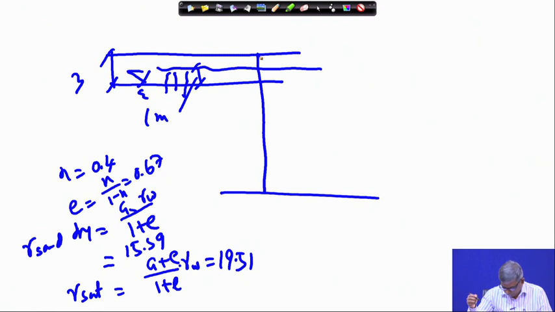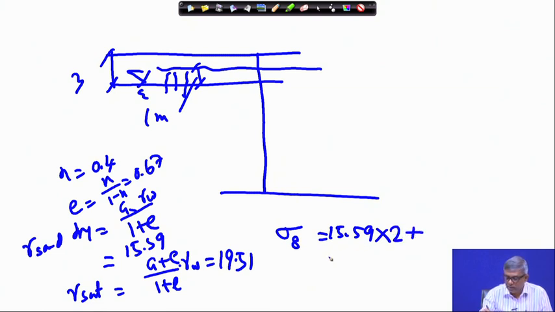So, at 8 meter depth you have to find out sigma total 8, it will be equal to 15.59 into 2 plus 19.51 into 6. So, it will give you 148.24.